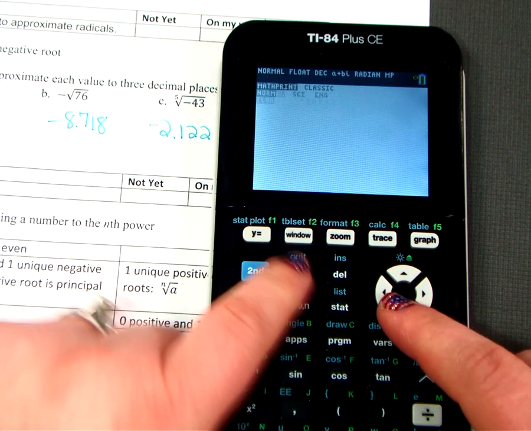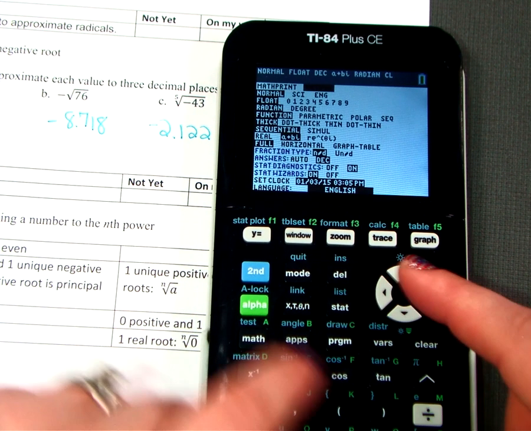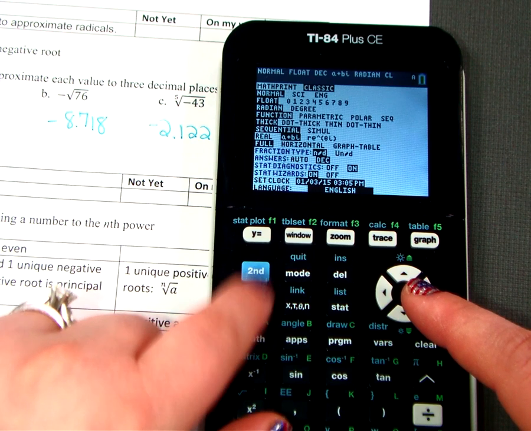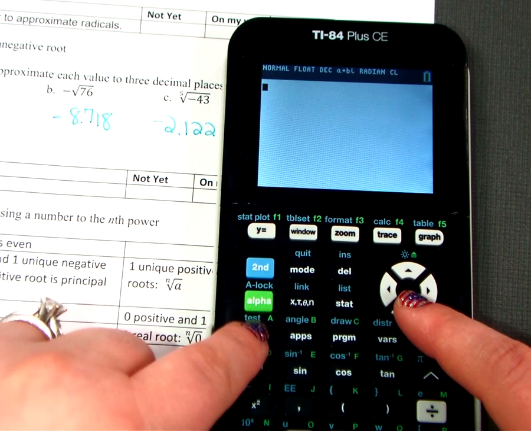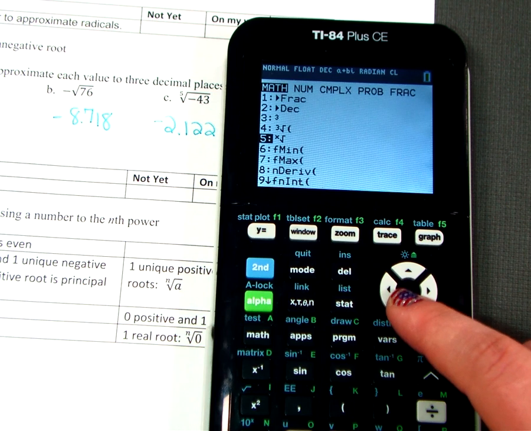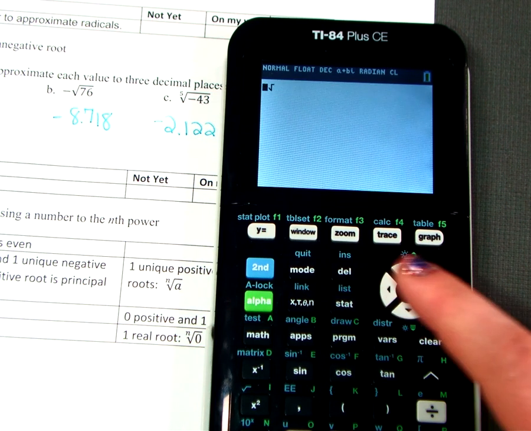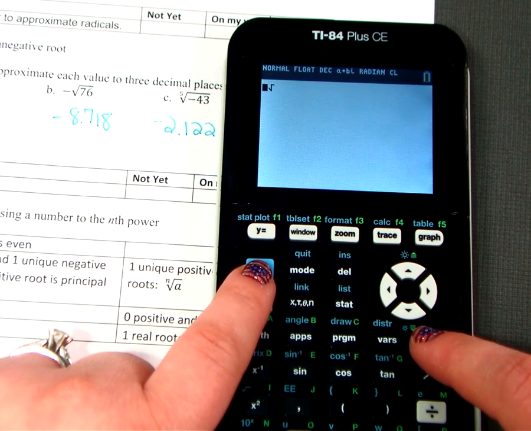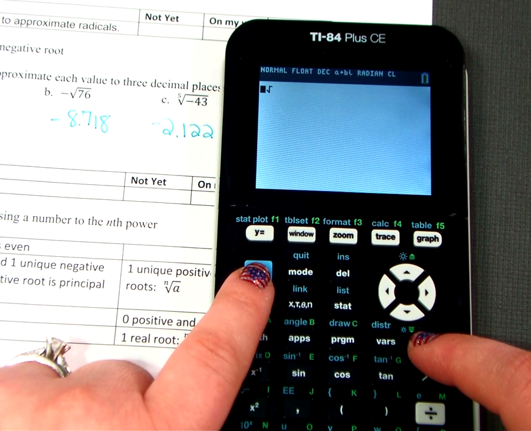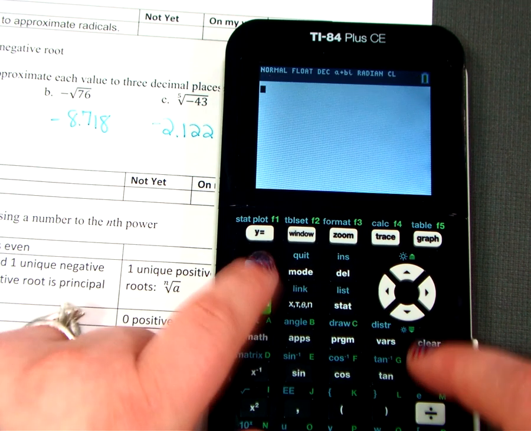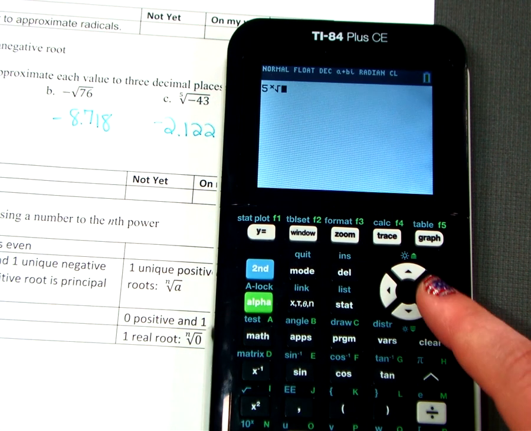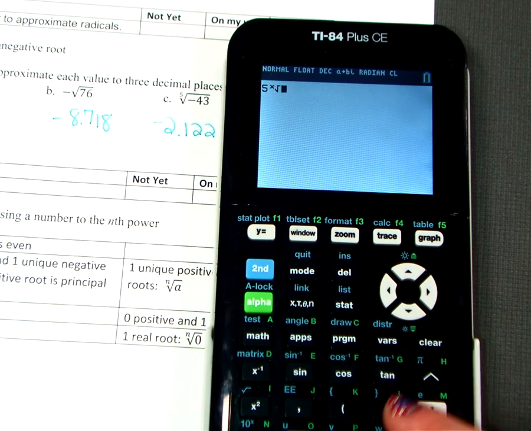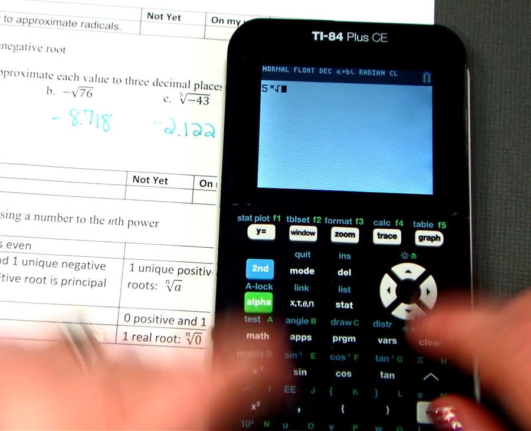If your calculator does not look like that, and it looks instead like this, then you're going to need to put the 5 in before you go through that process. So instead it would look like this. The X won't go away, and then you'll need to enter the information afterwards.